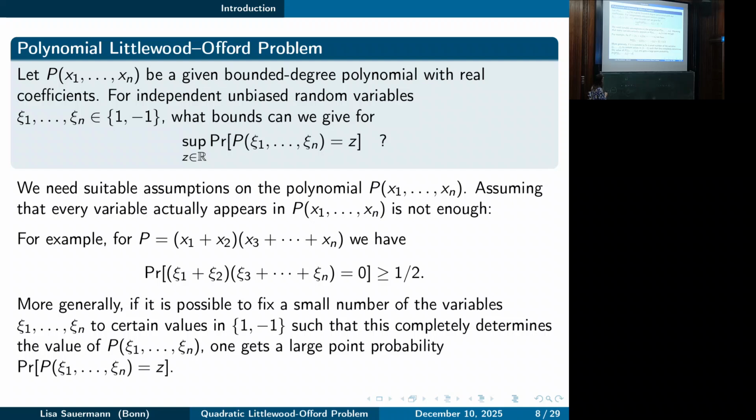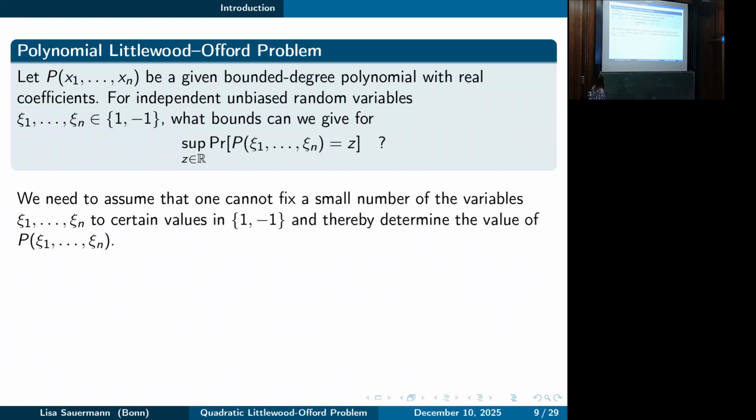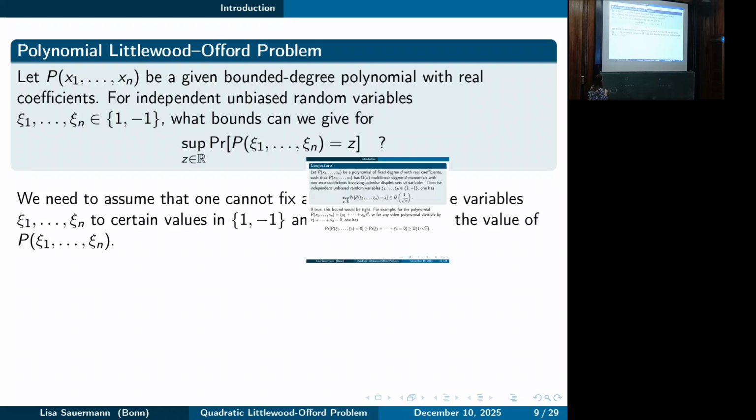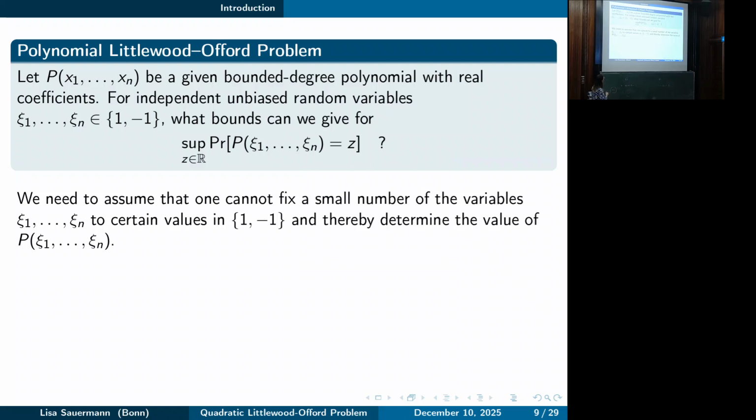Because we just need those variables to take those particular values. So that would be a bad setting for us, which we need to exclude. So we need to assume that one cannot fix a small number of those variables to certain values in such a way that the value of the polynomial is determined. That's the assumption we need.